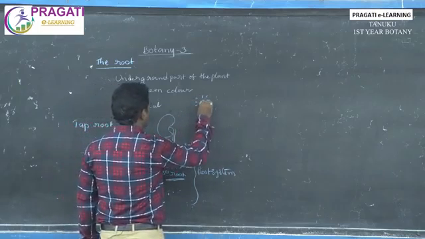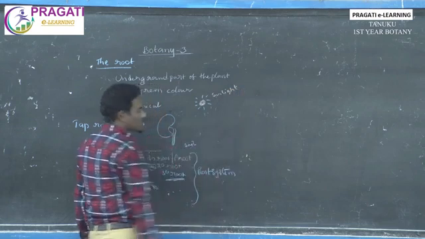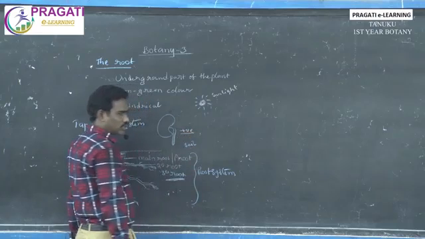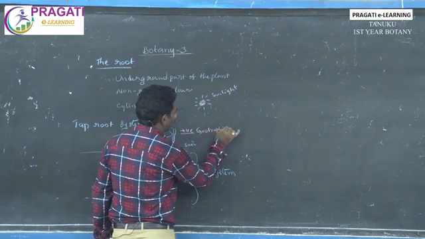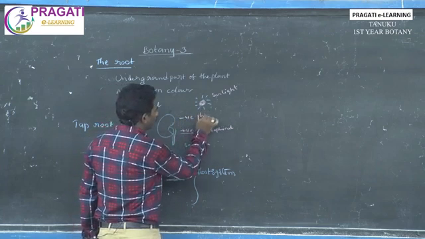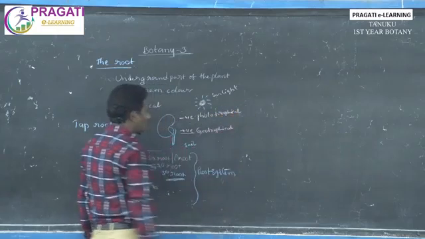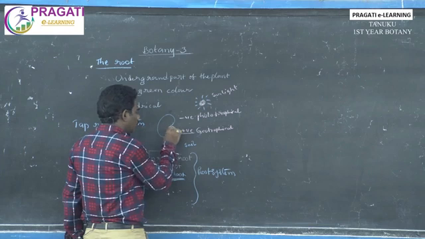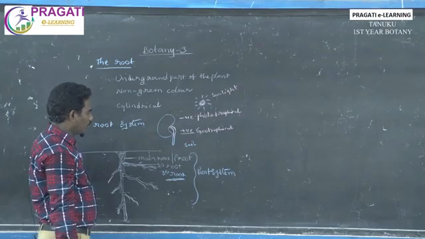The root is positively geotropic and negatively phototropic.